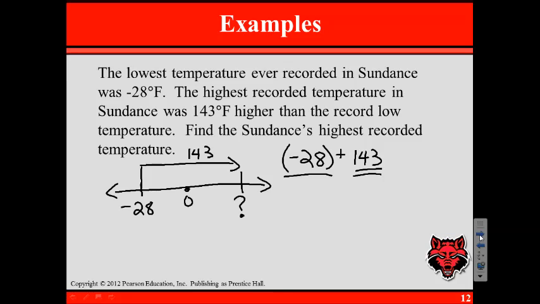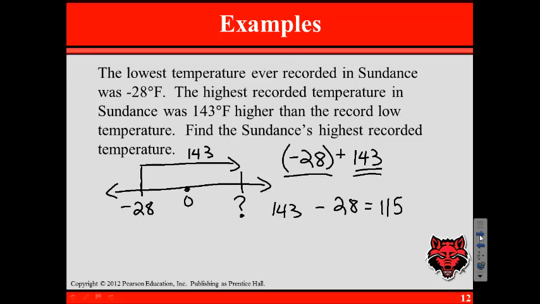The largest absolute value is 143. The smallest absolute value is 28. So we start by subtracting 143 and 28. 143 minus 28 is 115. Now before we can agree that 115 is the answer, we have to make sure we have assigned the correct sign to 115.